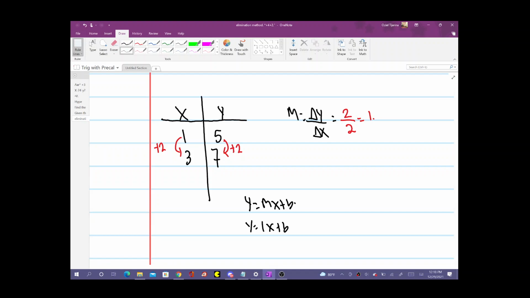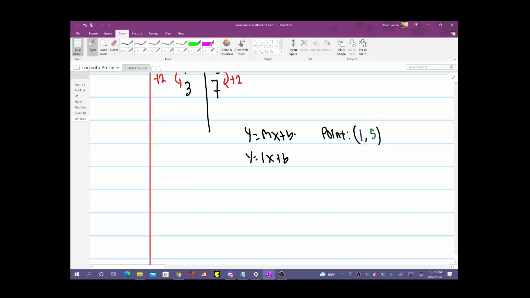You can use a point. If we plug in any one of these points, it can be 1, comma 5, then we can say y equals 1x plus b.